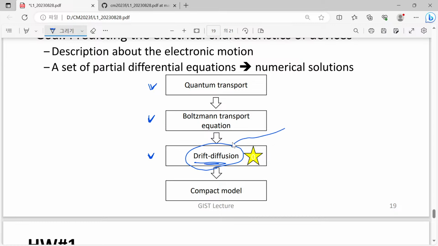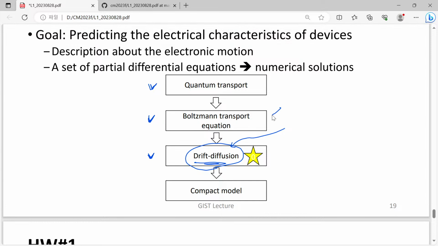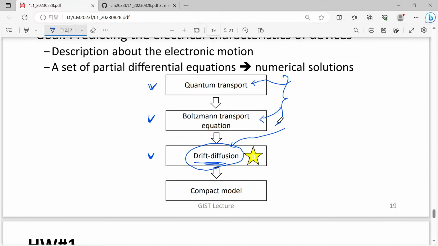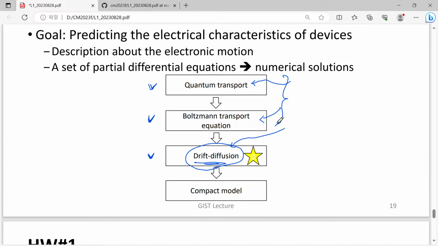The physical accuracy of the drift diffusion model is not that high compared with more advanced models like the Boltzmann transport model and quantum transport model. But unfortunately, these models are too complicated and take quite a long time to get a result. So instead of doing this kind of advanced simulation every day, people introduce many calibrating parameters.